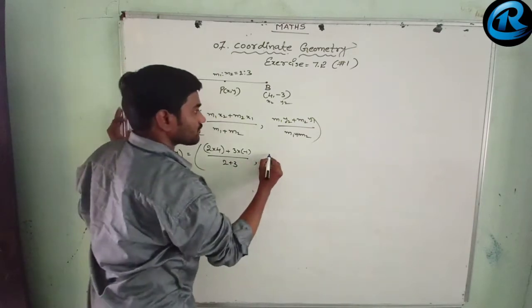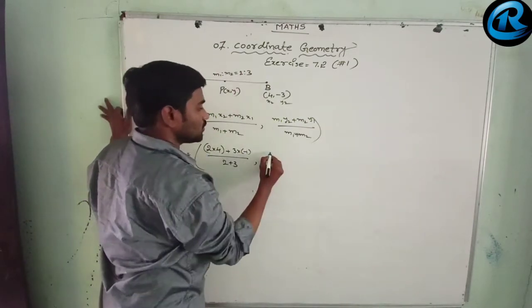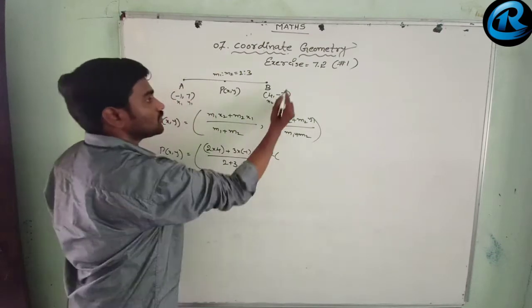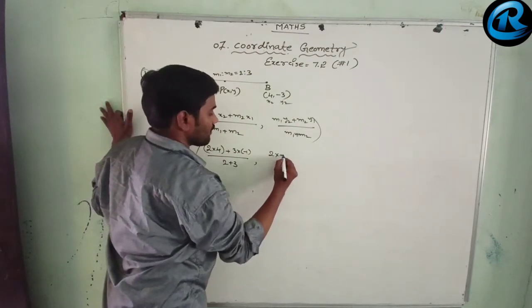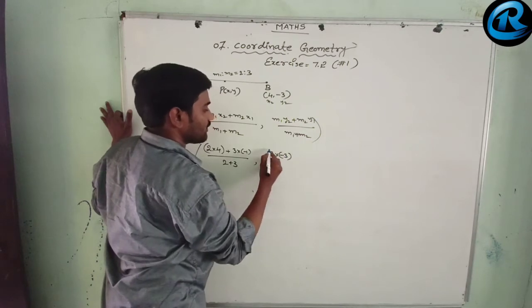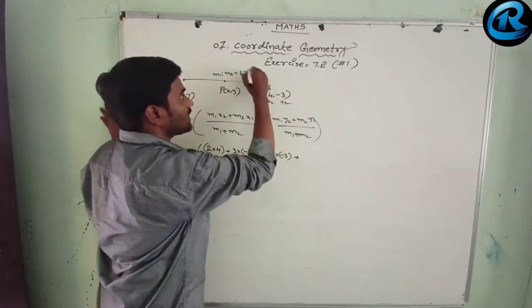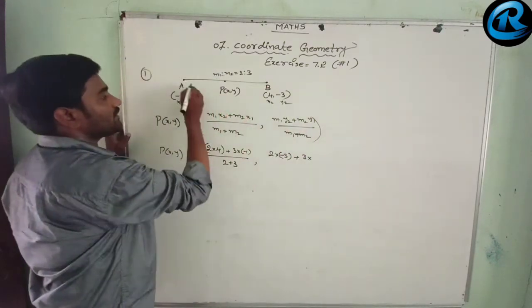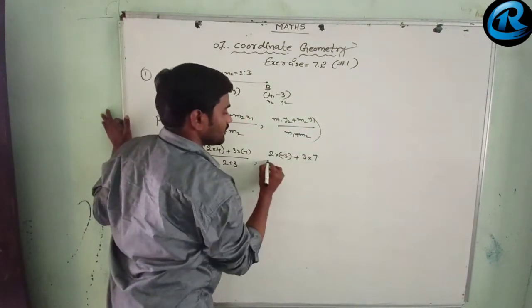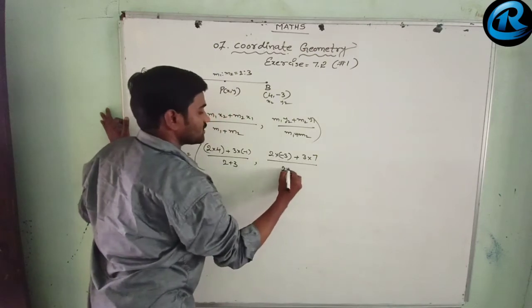Next, m1 that is 2 into y2 that is -3, plus m2 that is 3 into y1 that is 7, by m1 plus m2, 2 plus 3.